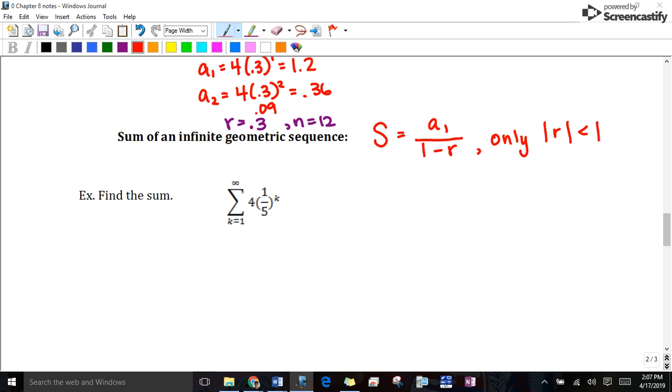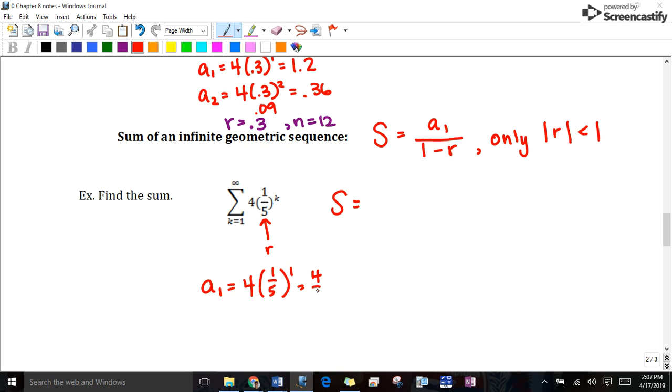So I'm going to go ahead and find this. First, I want to make sure that this infinite series, you can see it's infinite because of the infinity, has a sum. So I need to check my r value. But remember, the r value is the number that's being raised to the power. So as long as this number is smaller than 1, we can find our sum, which it is. So now sum equals A1. I haven't found A1 yet. Let's go ahead and plug in our bottom value. So 4 times 1/5 to the first.